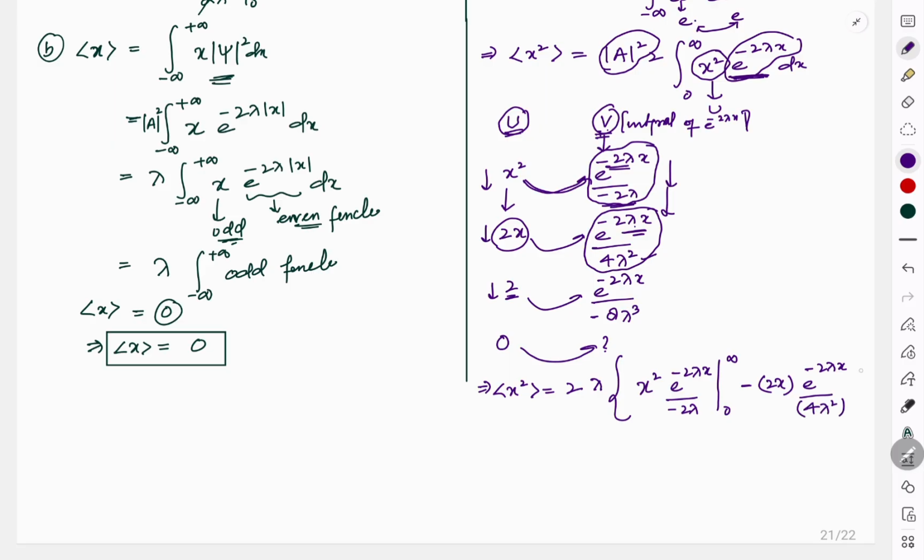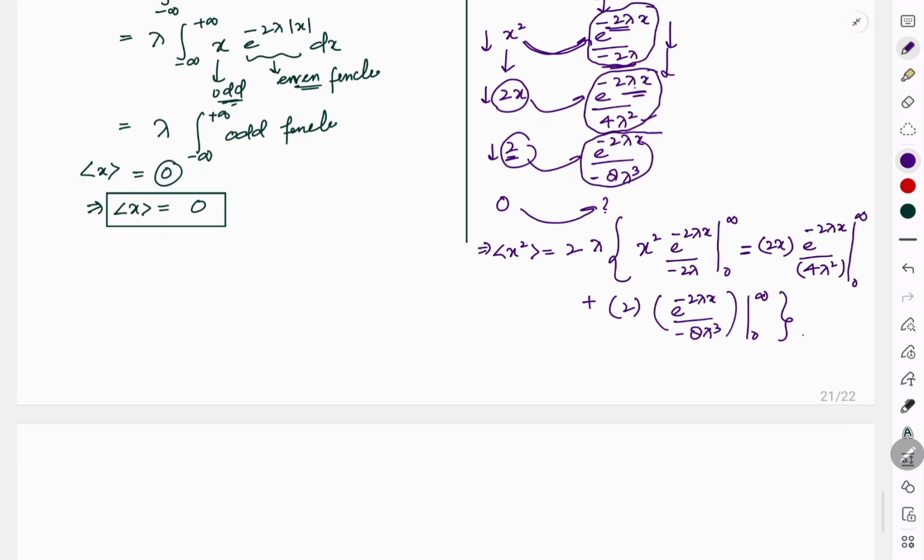Okay, this is the second part, 0 to infinity. Then there is again the third part, this part and this part. So now this term would be positive. First term is positive, second term is negative, third term is positive. So 2 times e power minus 2 lambda of x divided by minus 8 lambda cube from 0 to infinity.